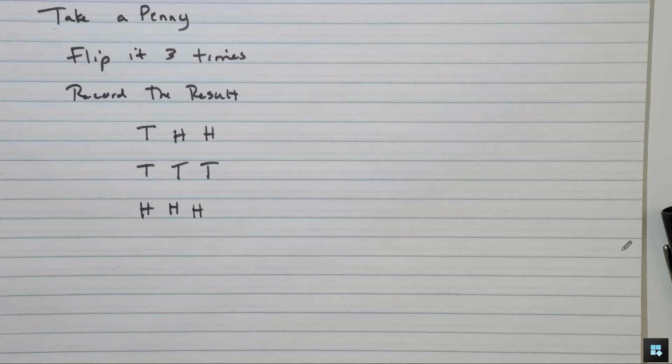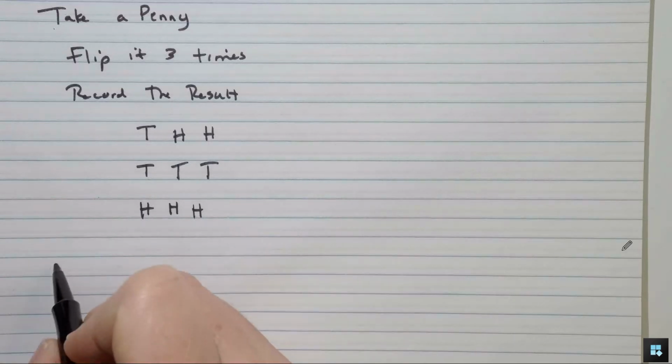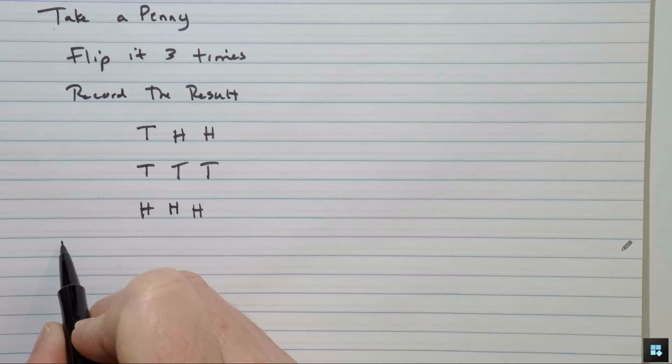So we did 3 times here of 3 of those. Well, once you've done that, let's record all possible outcomes.